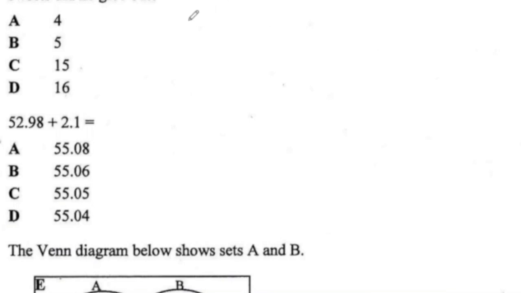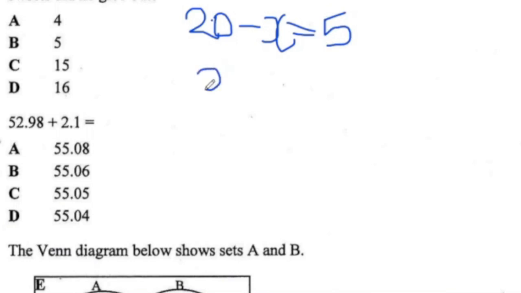He had 20 sweets and he gave X sweets, so we can come up with 20 sweets minus, we don't know the number he gave, so it's X, which is equal to, how many did he remain with? 5. So we say equal to 5.